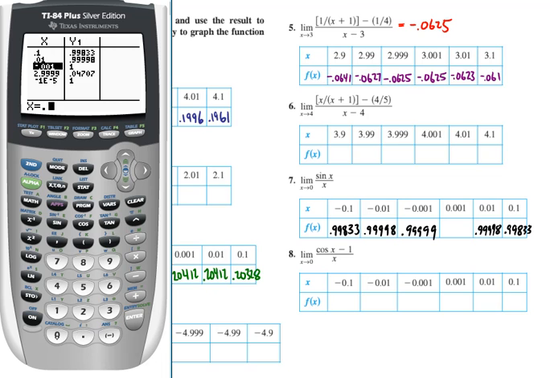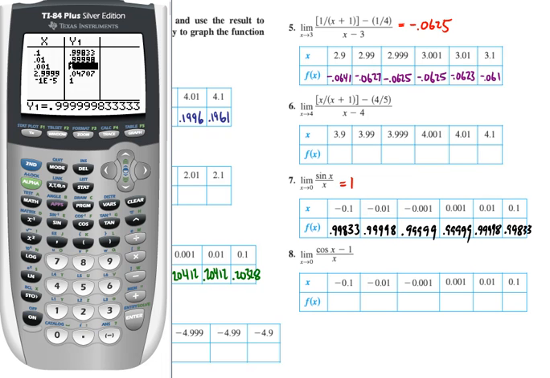And finally we'll do 0.001, and we got 1 again, but as we move the cursor up and over onto the 1, we can see it's not exactly 1, but it's point and then 5 or 6 nines. And for this one we can clearly see that we're heading for y equal to 1 as x approaches 0 from the left and right. And so we record that the limit there should be 1.